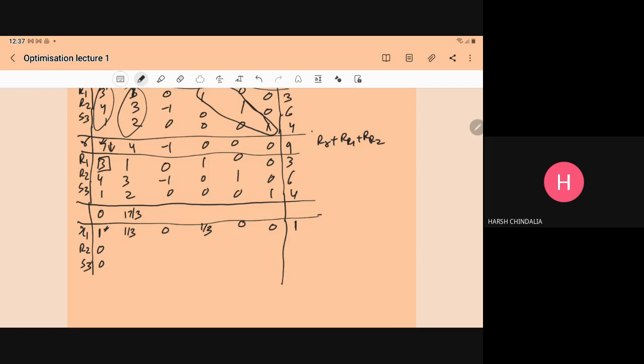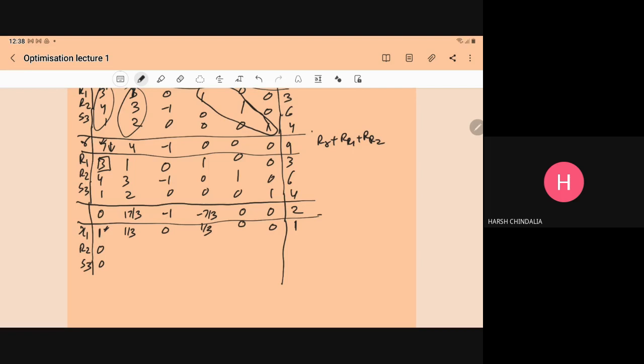Then we have minus 1. Then we have 0 minus 7 by 3, so minus 7 by 3. Then 0 minus 0, that is 0. 0 minus 0, that is 0. 9 minus 7, that is 2. Clear?